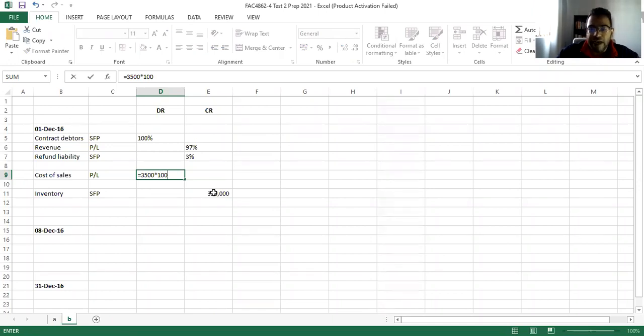But we can't have all 100, only 97% will be recognized in cost of sales. Why? Because the 3% will be recognized as a result of the refund policy.